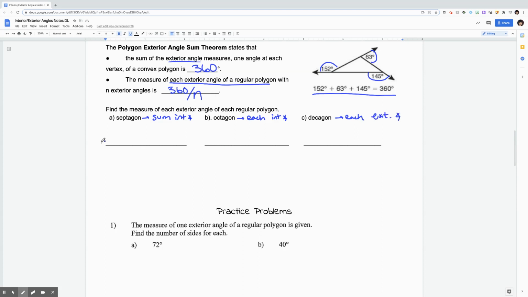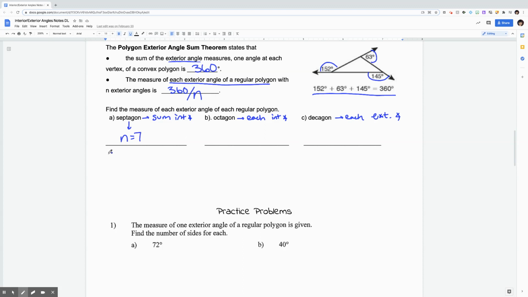All right, so a septagon has 7 sides, which means n is equal to 7. Okay, so I'm going to write that a little bigger. Hold on. Okay, so for a septagon, I have n is equal to 7.